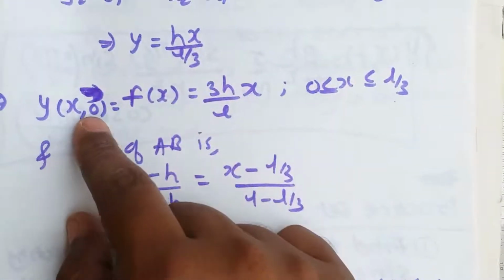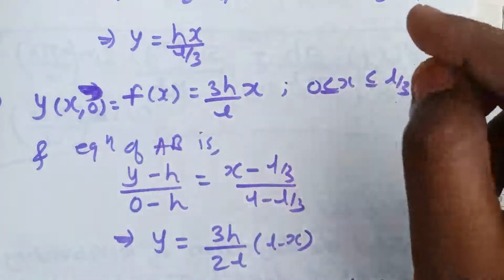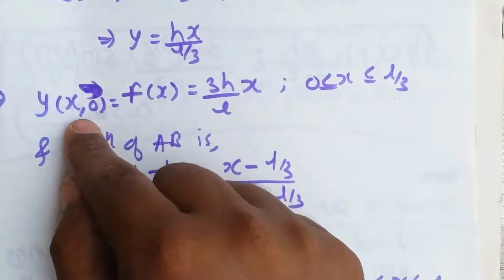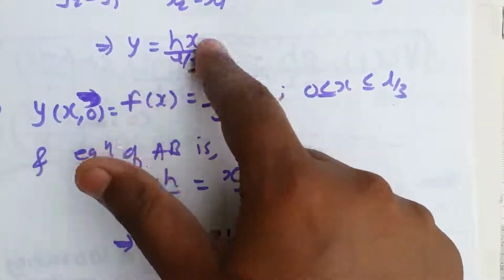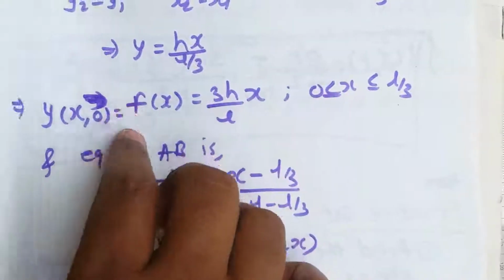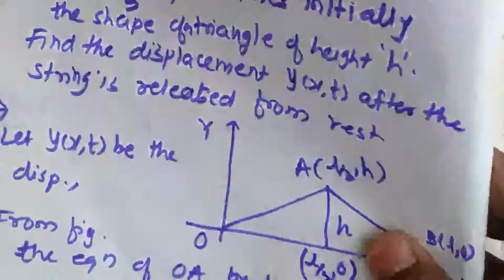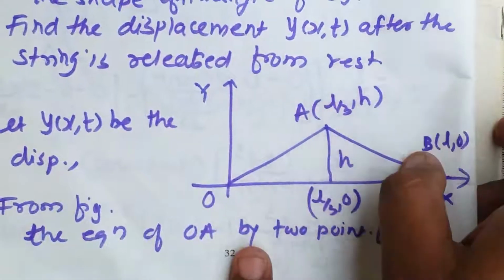Okay, and initially, when t is 0, it is plucked at the point x equal to L by 3. At that time t is 0 when it is plucking, right? So initially when t is 0, this is your f(x), 3hx by L from 0 to L by 3. This is valid for 0 to L by 3 only. From here to here, that is L by 3. From here to here the equation is changing, right?